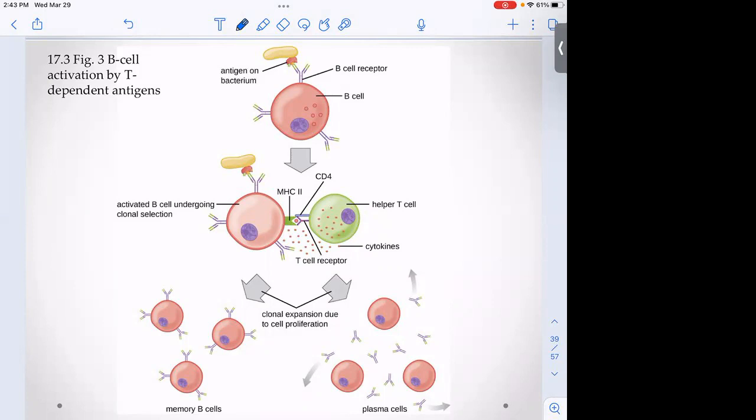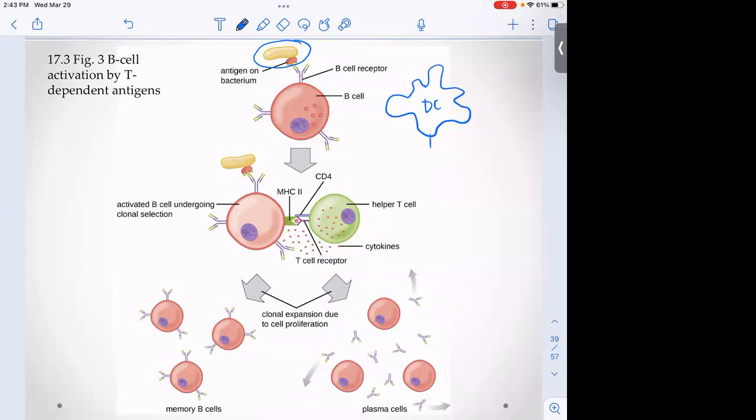All right, so here we have a B cell that's recognizing some pathogen. So it has a B cell receptor that recognizes epitopes of that pathogen. And what they don't really show over here, before it gets to this step, is that the helper T cell actually has to become activated first. So say you have a dendritic cell. I'm going to draw it like this.